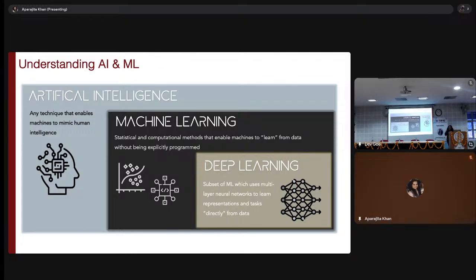So when the data piles up, can you use artificial intelligence and other things to help automate reasoning from the data? So artificial intelligence would be any technique, this is kind of the umbrella term, which is any technique that enables machines to mimic human intelligence. But it cannot just mimic, right? It doesn't have anything. Computers are just a box of transistors. So it does not have that intelligence. So then it comes to machine learning.